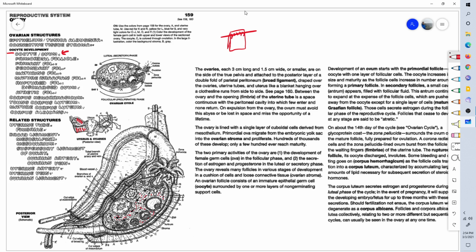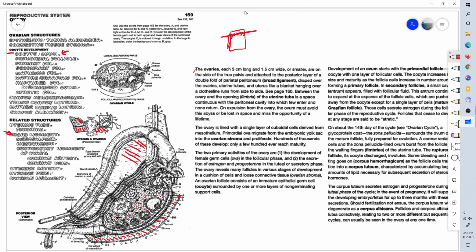In a similar way, you can see here this connective tissue surrounding and sort of enveloping the ovary. And this is called the broad ligament right here.